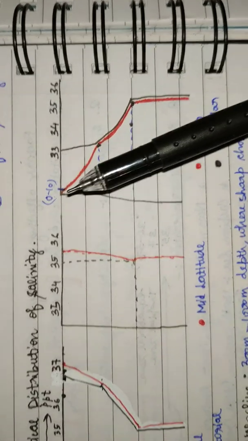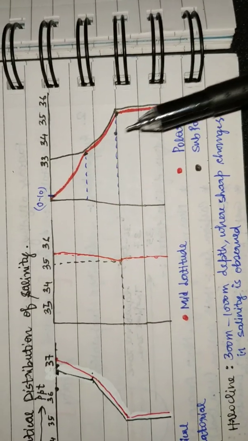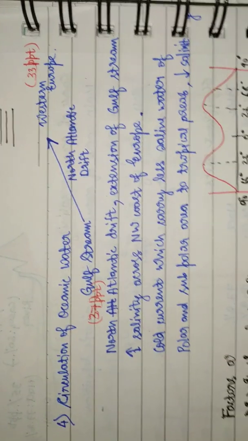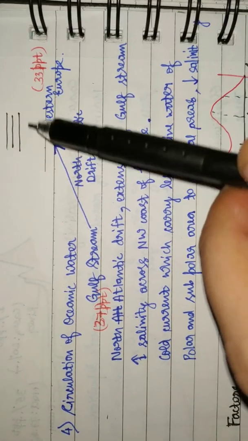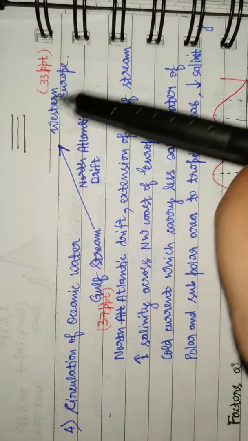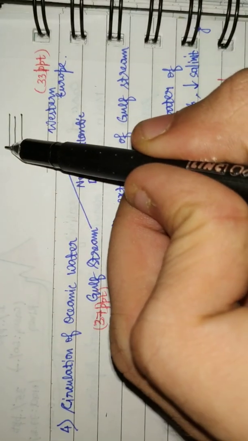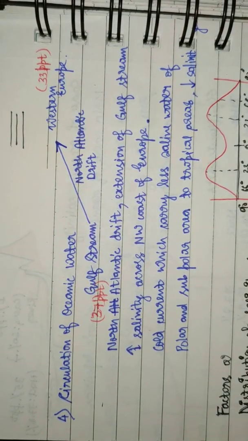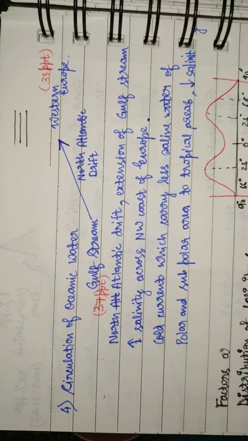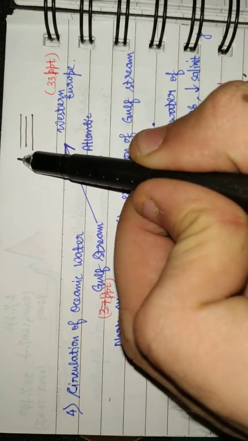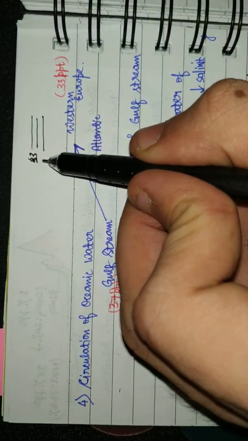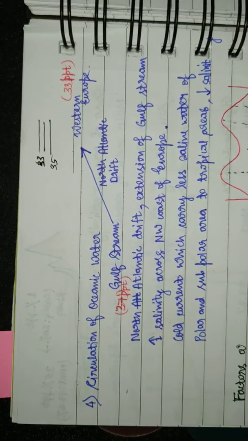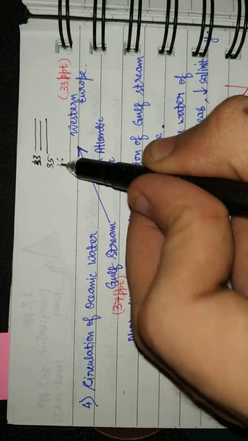Now the reason why it increases as we go down is because of the stratification of the saline water below. Saline water is relatively denser as compared to fresh water, right? So as we go down, there is stratification of water, right? 33, 35, 36 and so on.